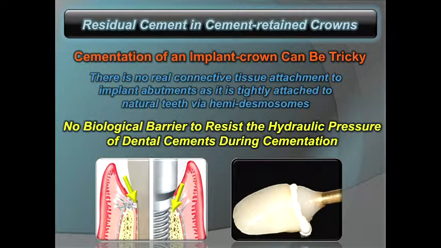And the reason is that there is no connection, as I said. So you don't have any nice connection barrier here, and you have the hydraulic pressure of the viscous cement. Usually we say that we'll use temporary cement. It's very viscous, so the hydraulic pressure is going to push the cement all the way where? Here, and it goes all the way in. So that can cause a very important biological complication.